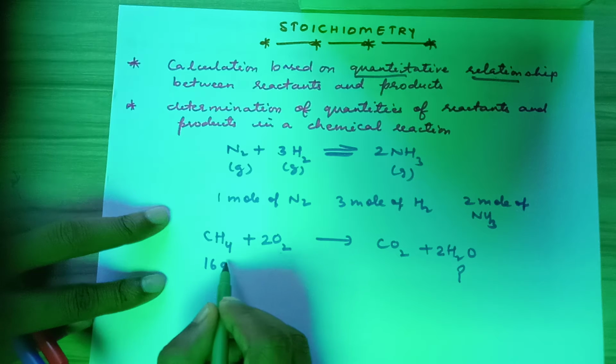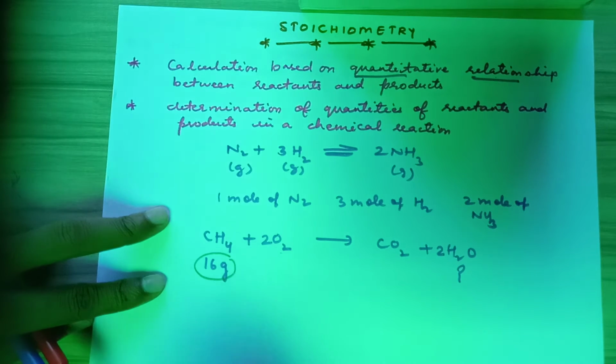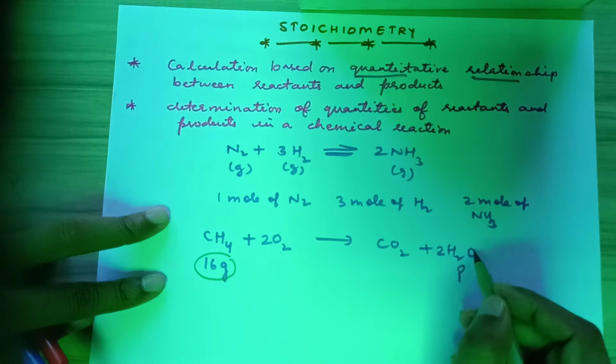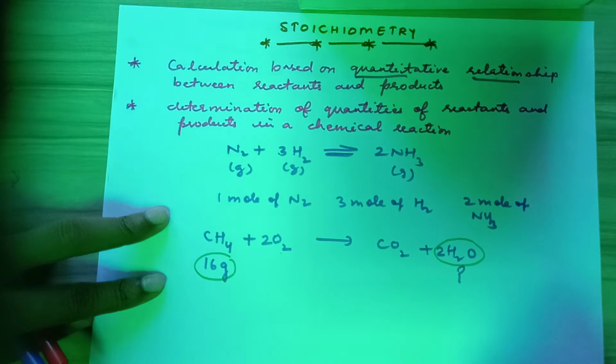But here we are given 16 gram of methane and we have to find the number of moles of water, or we can say the amount of water in terms of grams. So let's deal with it.